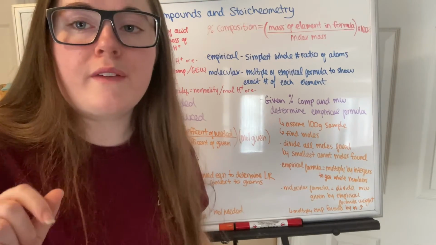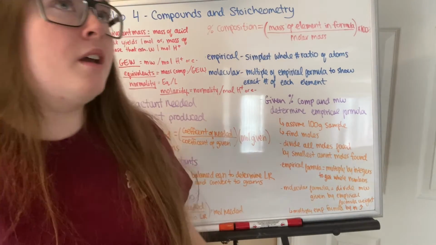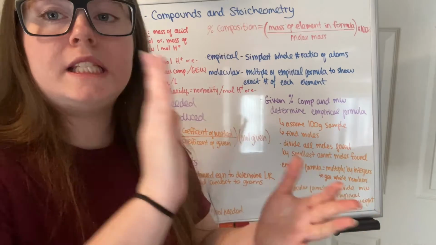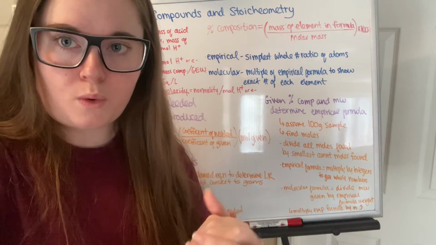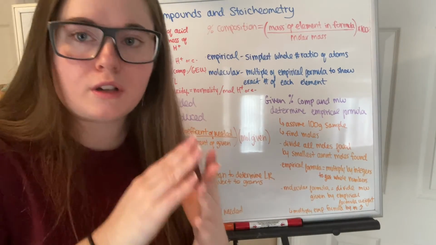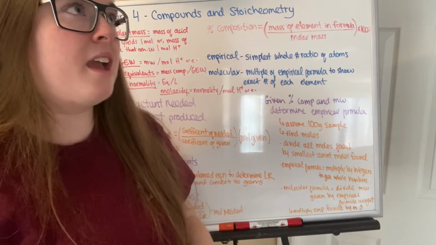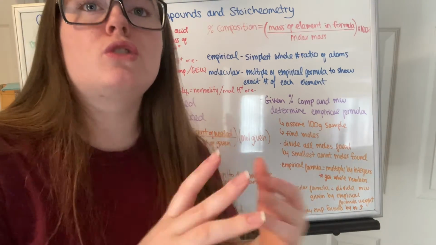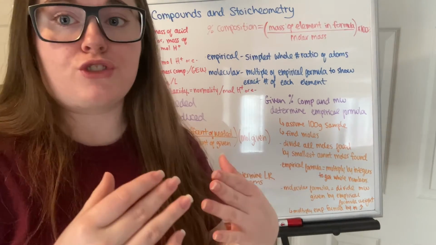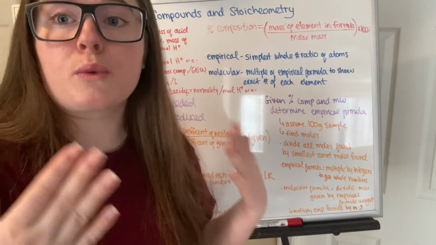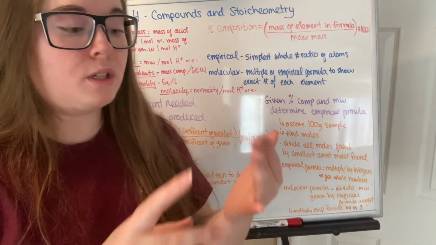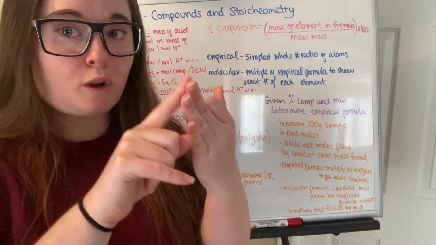So if you found that you had 0.1 moles of carbon and you had 0.2 moles of hydrogen and 0.3 moles of oxygen, we're looking at 0.1, 0.2, 0.3.